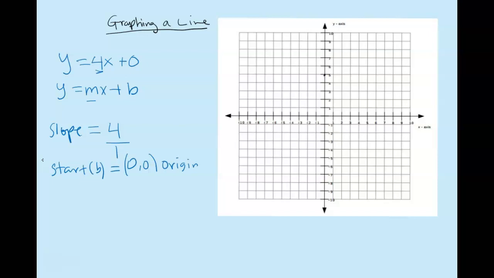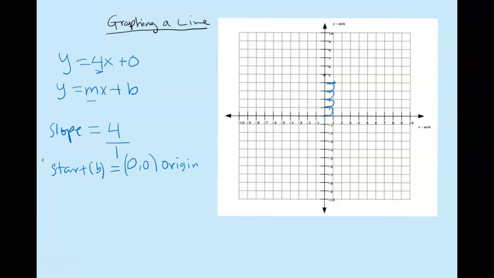So now let's go to the graph. We make our point at 0, 0. We are rising, going up 4, 1, 2, 3, 4, and then it's a positive slope, so we go right 1 unit.